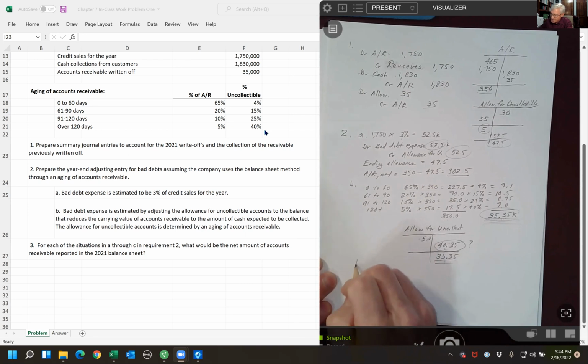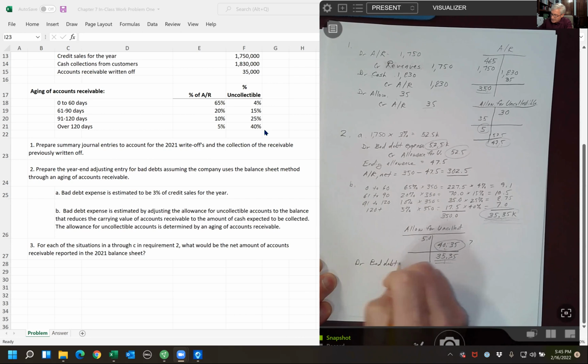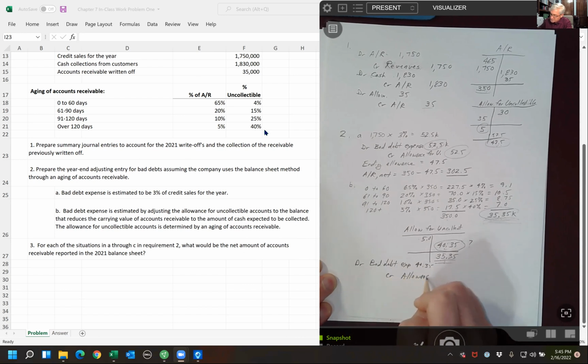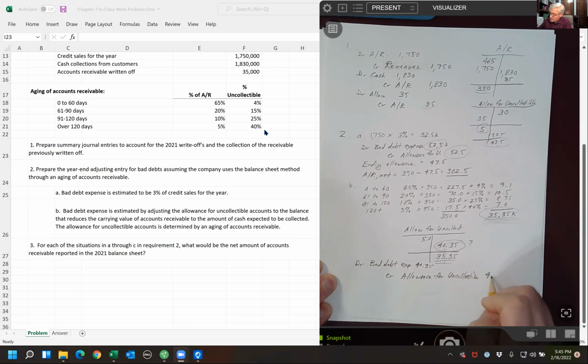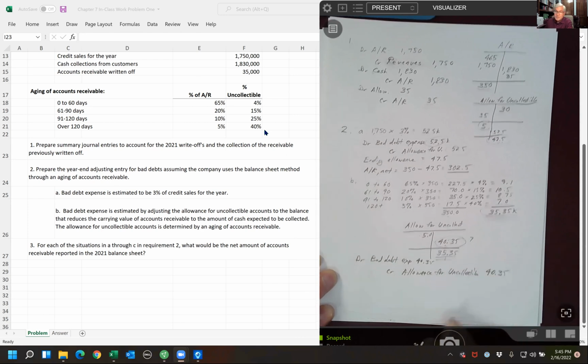So our entry, debit bad debt expense, 40.35, credit the allowance for uncollectible, 40.35.